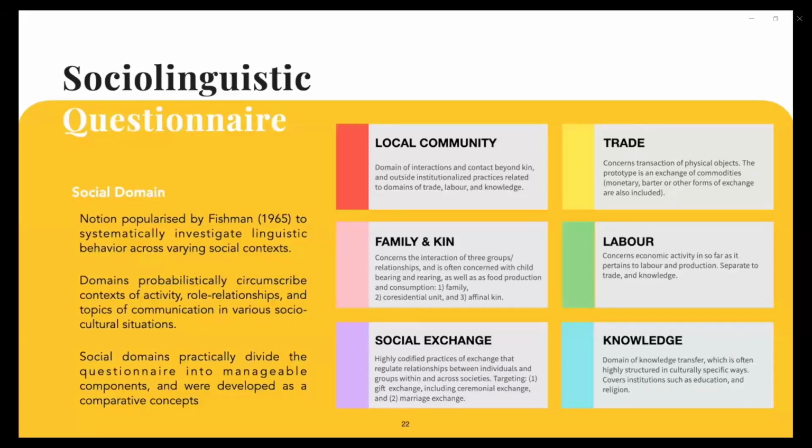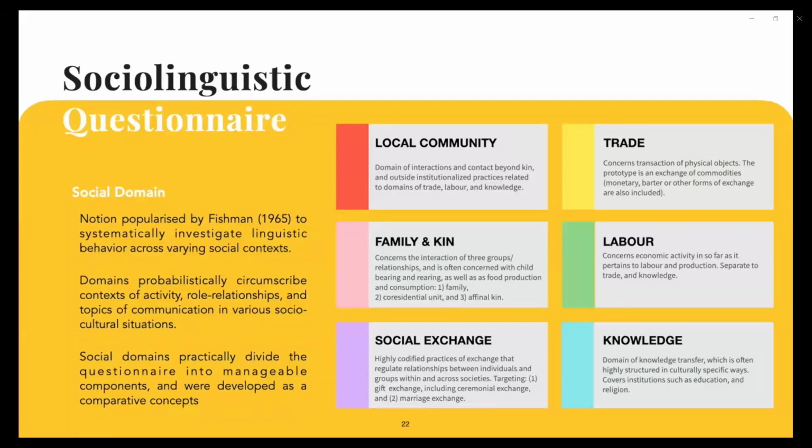So it was a way to make the questionnaire a bit more manageable. Indeed, social domains was developed as a kind of comparative concept in the first instance, so we adopted that approach here. There are some critiques that one could level against the notion of social domains, but if you want to read about that, have a look at the paper that I mentioned earlier.